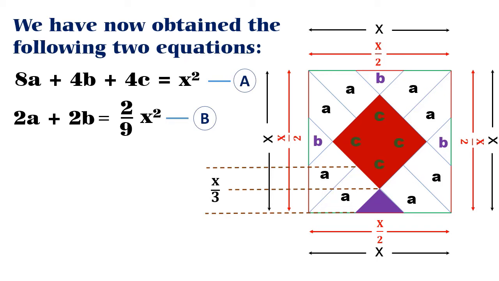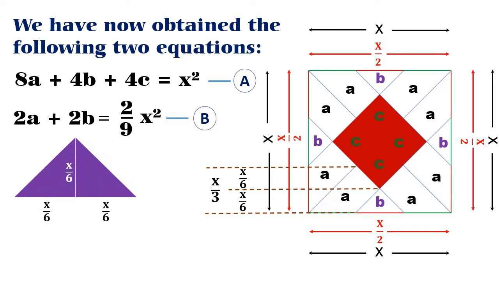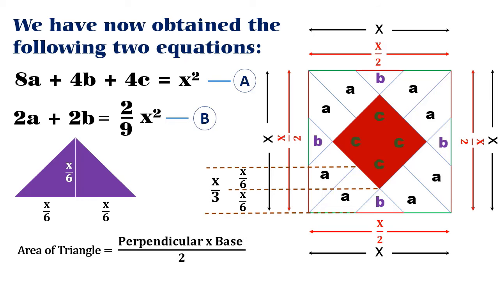Now look at the triangle which I showed with the purple color, and certainly it is not difficult to find out the height of this triangle, which is equal to x by 6. So you can see in this enlarged purple triangle that it is divided into two right angle triangles, and area of each right angle triangle is equal to perpendicular into base divided by 2.